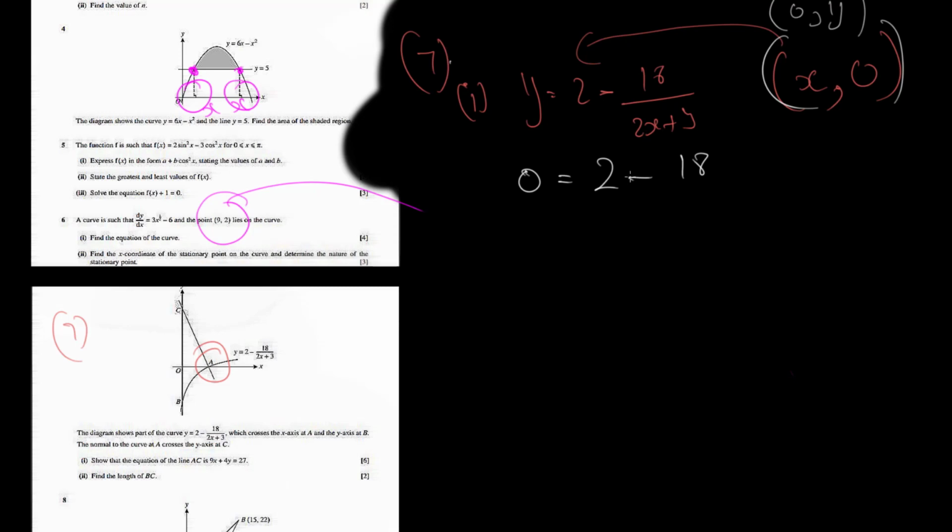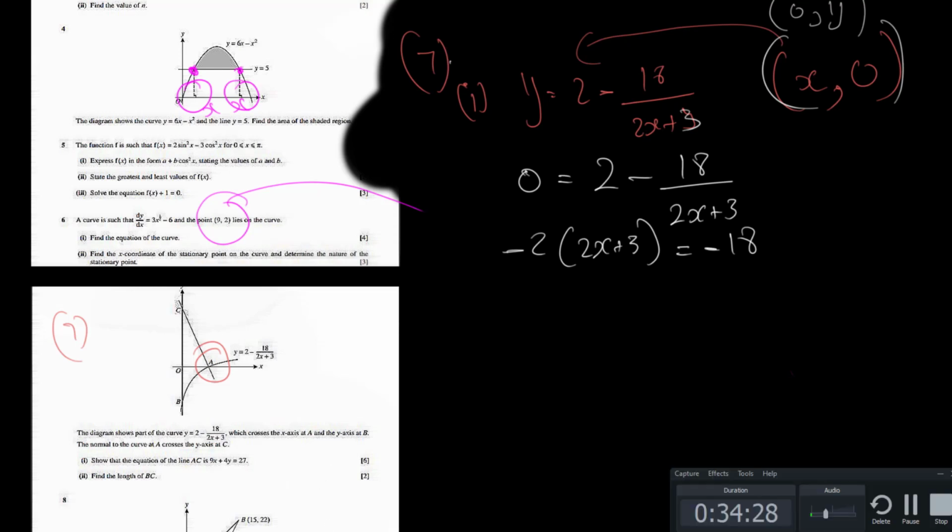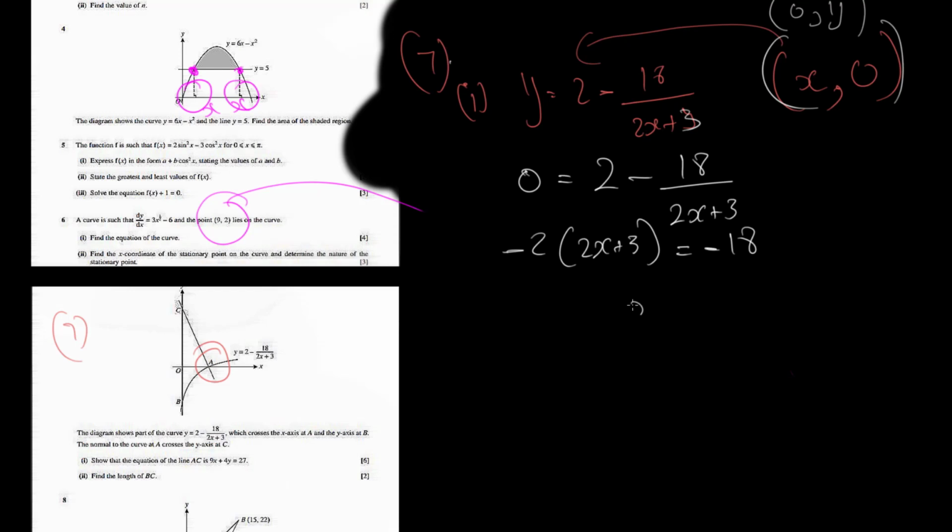Because x is always 0 on the y-axis and y is always 0 on the x-axis. If I shift the 2x plus 3 to the other side along with the 2 and use my algebra, minus 2 multiplied by 2x plus 3 is equal to minus 18, and I should get x is equal to 3, and therefore the coordinates for A are 3 and 0.